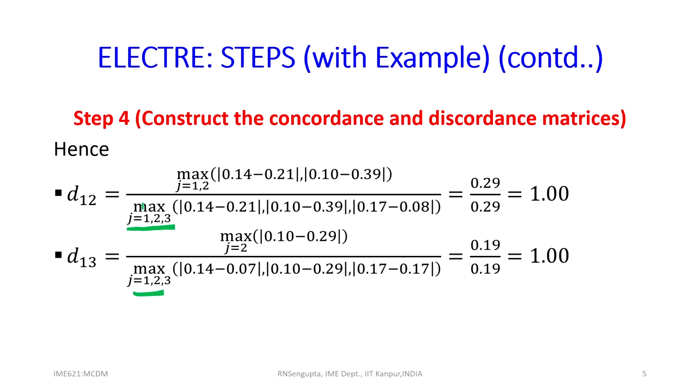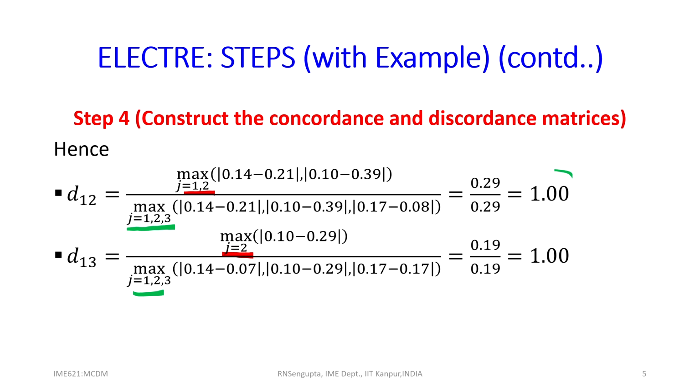So, when you are comparing 1 to 2, 1 to 3, the red part would be the discordance. So, it is only 1 and 2, and here it is only 2, because that is where the discordant values are. So, we will be analyzing the discordance and the ratios.